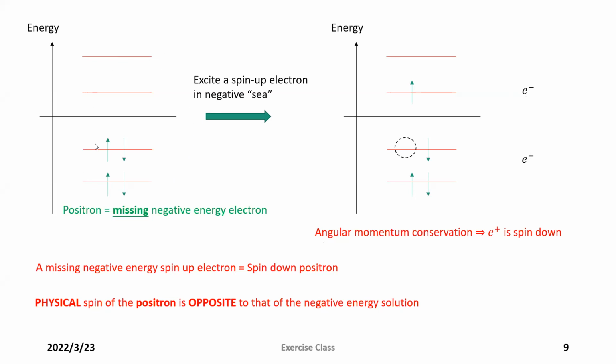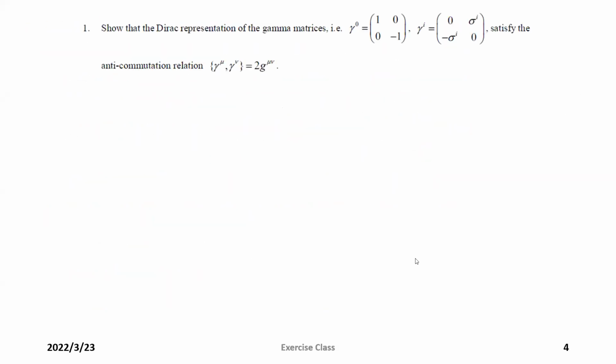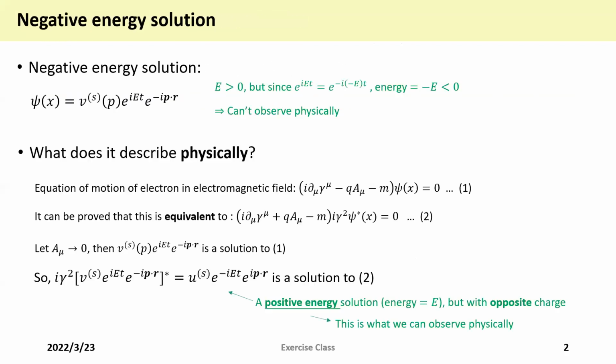This is just a simplified and pictorial way to understand this. If you want a more rigorous explanation, you can go back to this. So V1 will actually correspond to U1. Since U1 is spin up, V1 should also describe a spin up positron.